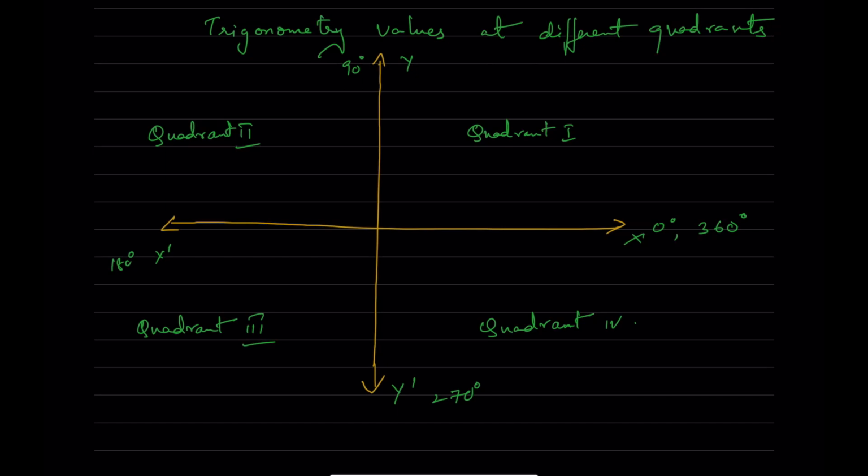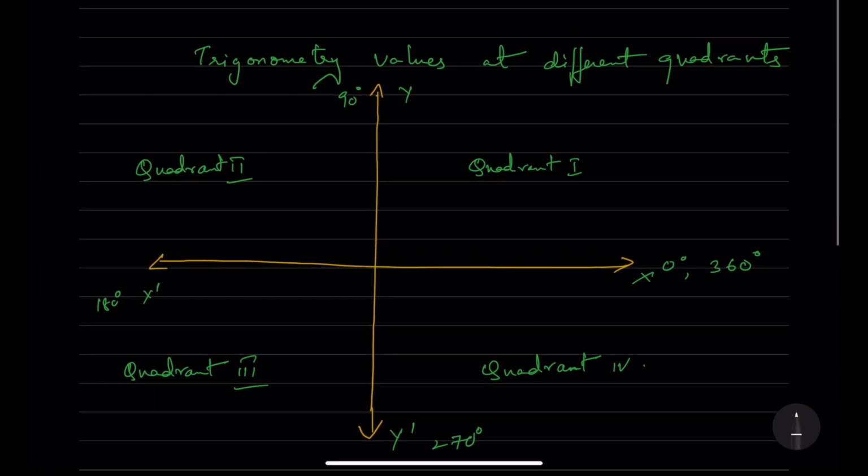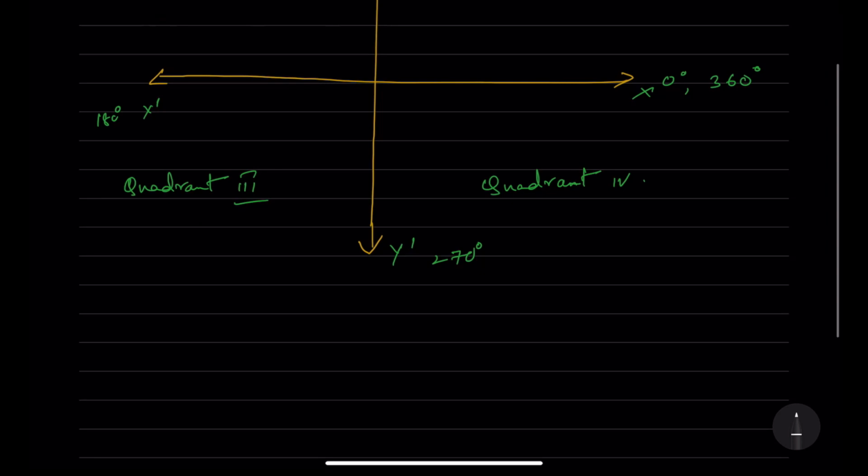So over here there's a logic which we can use. We can write that logic in this way. It is nothing but: All, Silver, Tea, Cups.